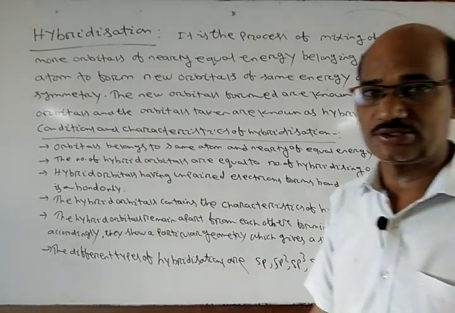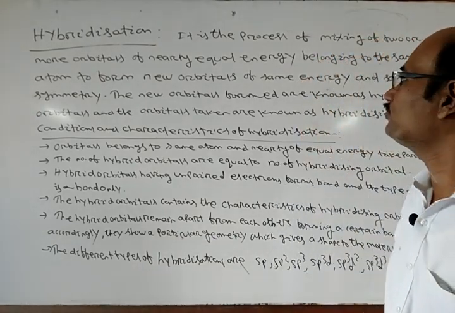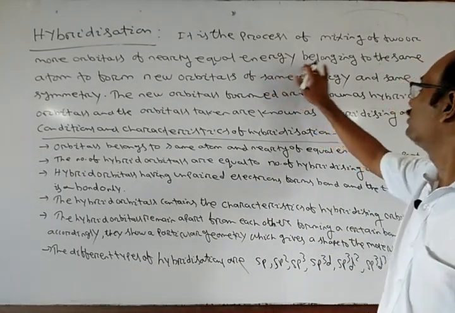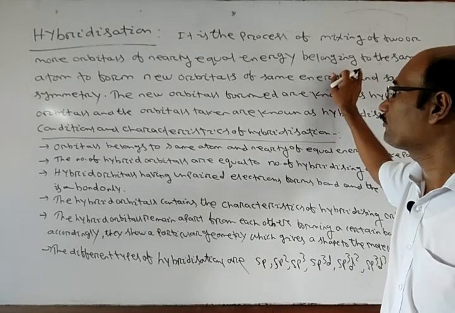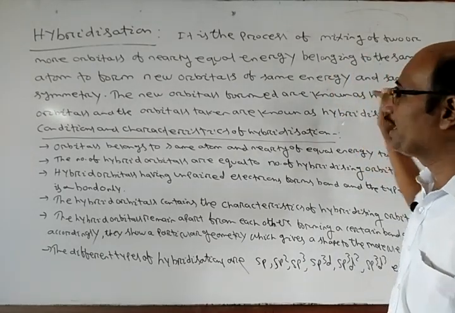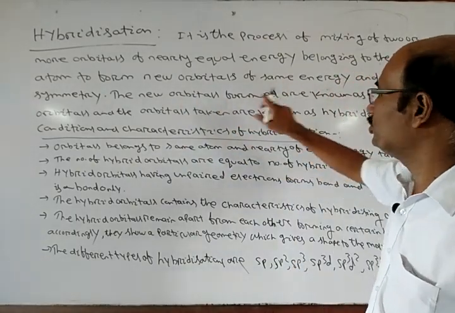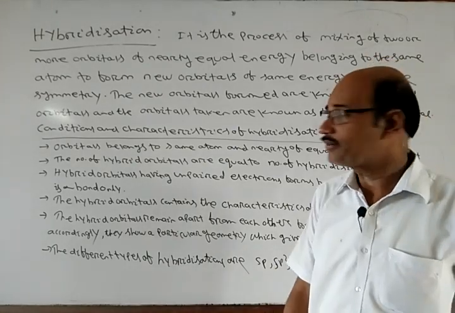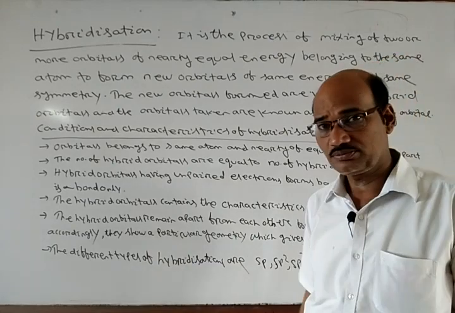Already we discussed hybridization is the process of intermixing of two or more orbitals of nearly equal energy belonging to the same atom to form new orbitals of the same energy and same symmetry. The new orbitals formed are known as hybrid orbitals, and the orbitals taken are known as hybridizing orbitals.